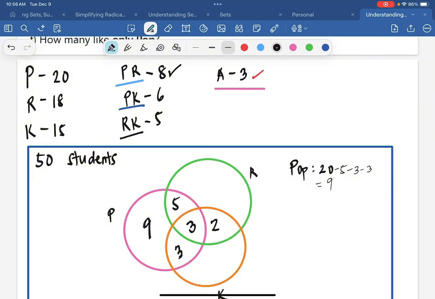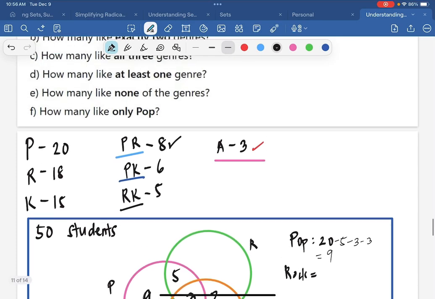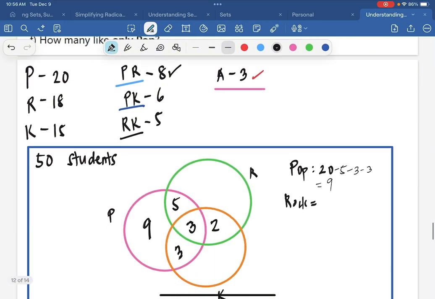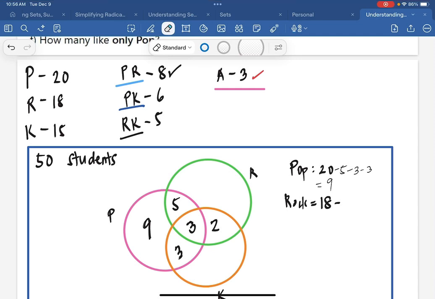Now we are done with pop here in the circle. Now let's go over with rock. So the total number for rock is 18. So 18 minus, again, remember this circle for rock involves everything here. So that also takes account of the 5, 3, and 2.